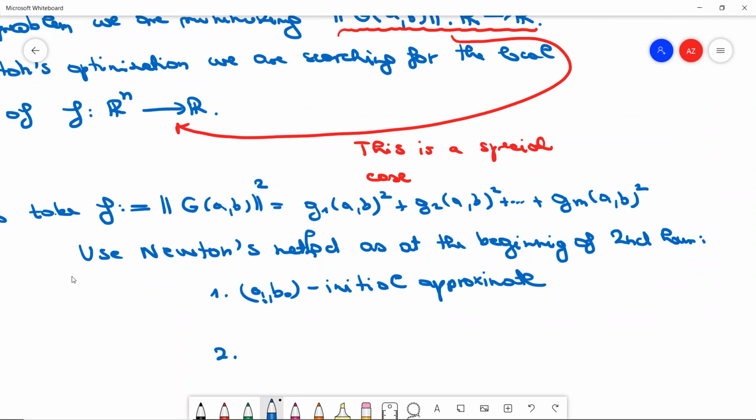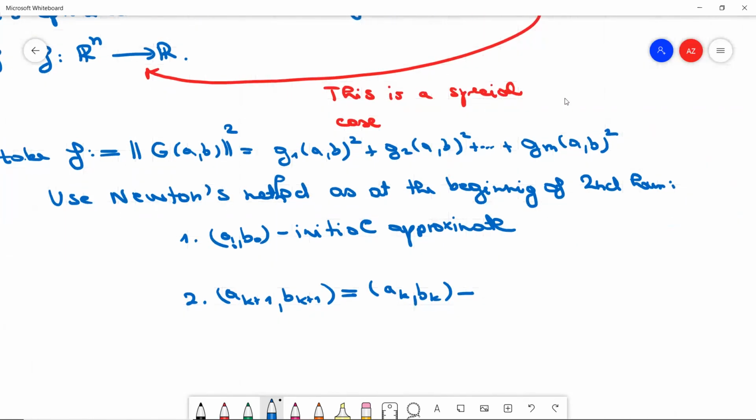And then we improve it. So the next approximate is the previous one minus, and then we have the Hessian. We said Hessian of F in the point (ak, bk).